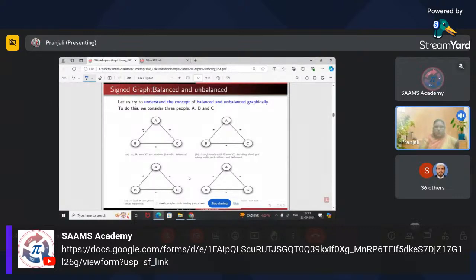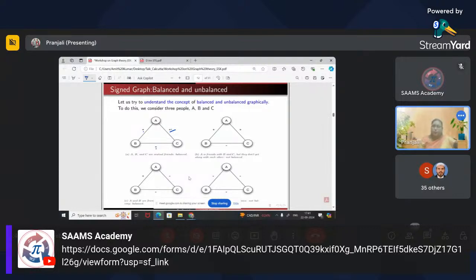So this is positive, this is positive, this is positive. It means A, B, C are mutual friends or like each other. Here, this situation can be understood by an example.